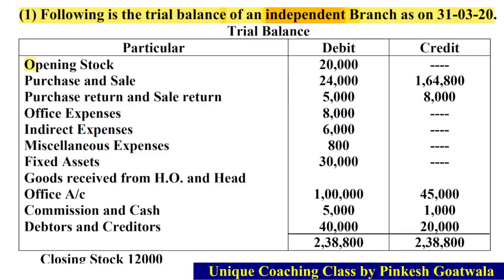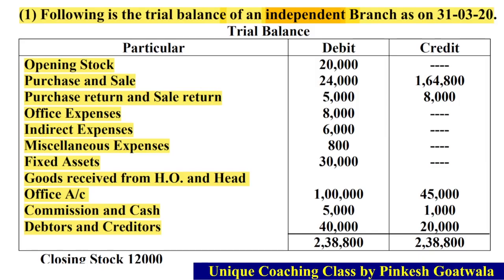There is opening stock, purchase and sales, purchase return and sales return, office expense, indirect expenses, miscellaneous expenses, fixed asset, goods received from head office, head office account, commission and cash, and lastly debtors and creditors. So this information is available.